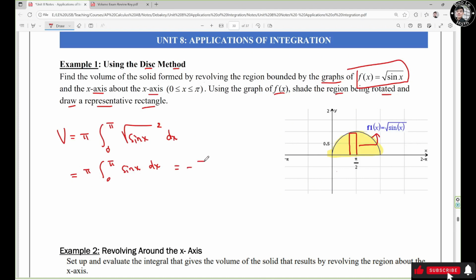So it's negative pi cosine s evaluated from 0 to pi. Substitute pi for s: cosine pi, minus substitute 0 for s: cosine 0. So I have negative pi times cosine pi, which equals negative 1, minus cosine 0, which equals 1. So the answer is 2 pi.